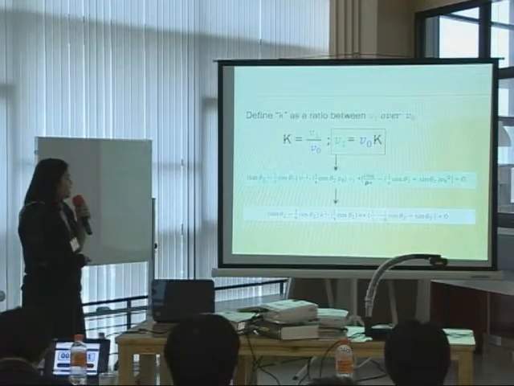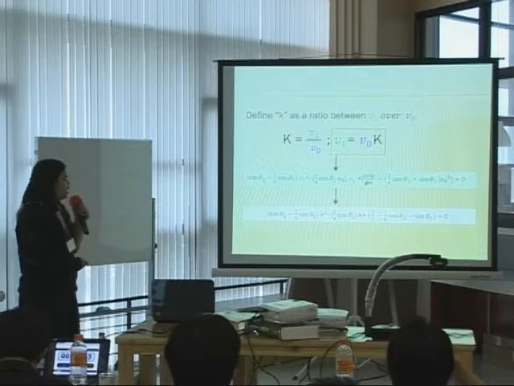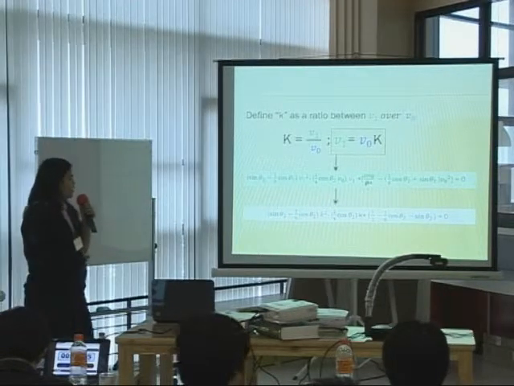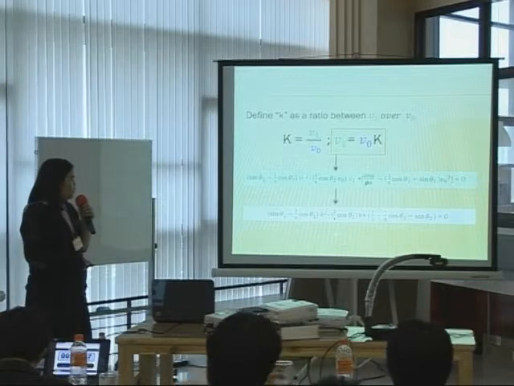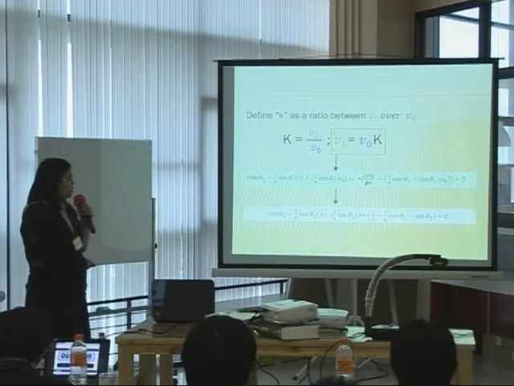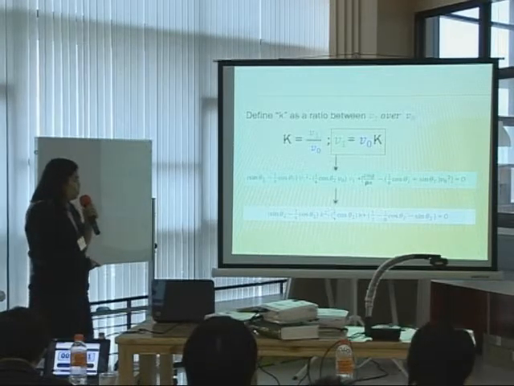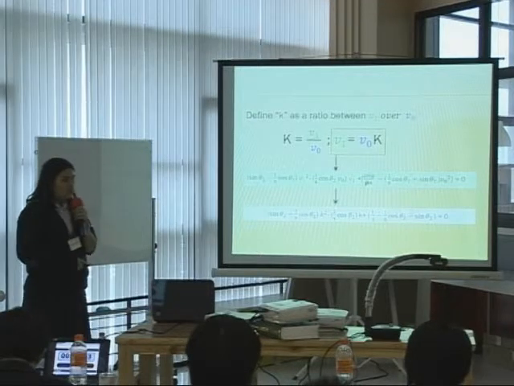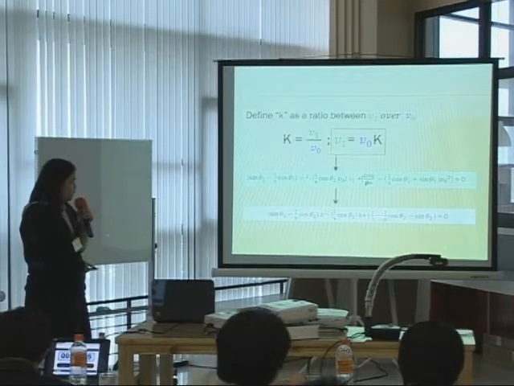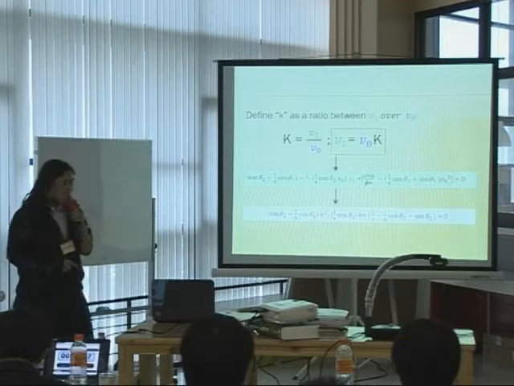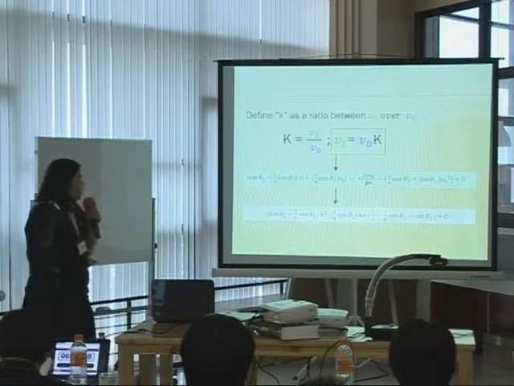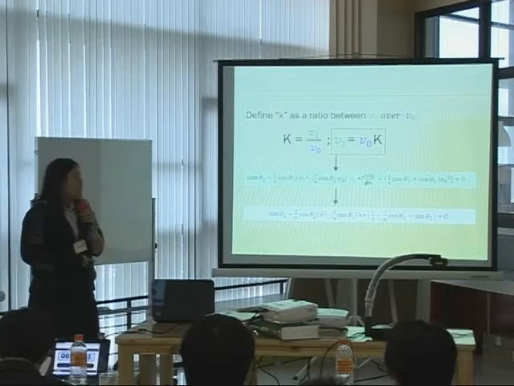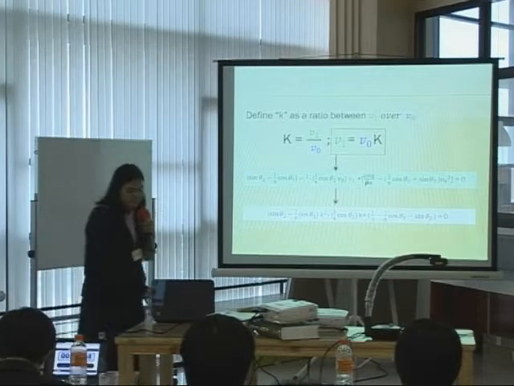Finally, the equation is sin theta 2 minus 1/8 cos theta 2 K squared minus 1/4 cos theta 2 K plus 2 minus 1/8 cos theta 2 minus sin theta 2 is equal to 0. It's a quadratic equation which relates the maximum angle theta 2 and the K constant.